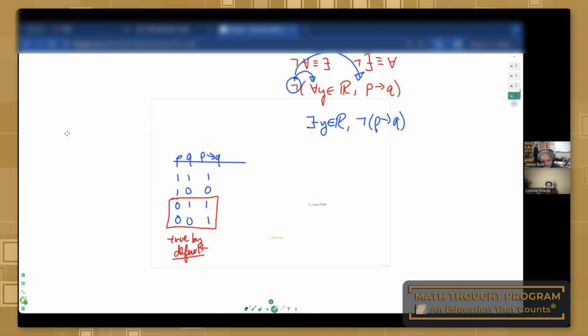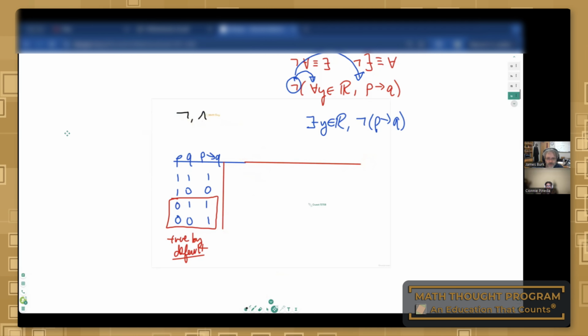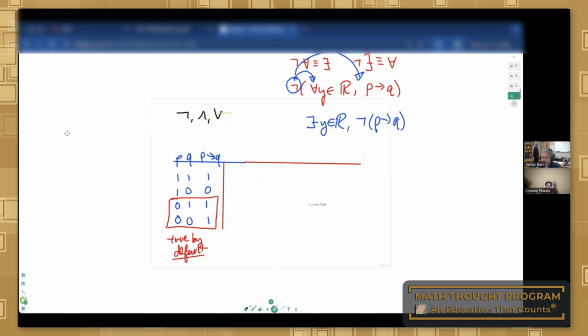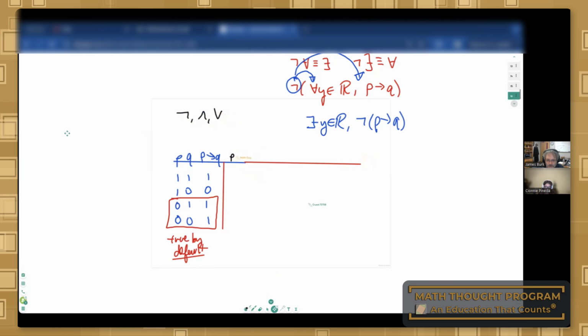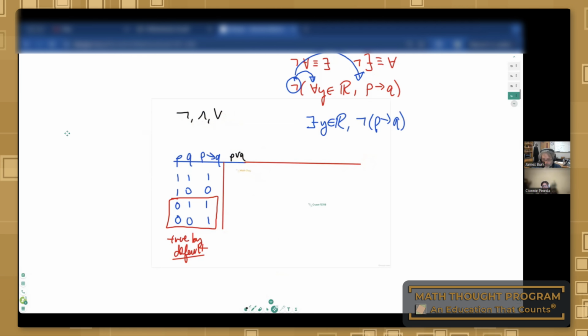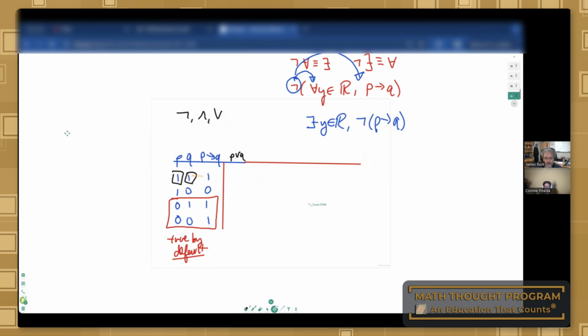Now, what I want to do is break this down for a moment. We said a second ago you can use negations, conjunctions, and disjunctions, and you can reconstruct any propositional statement. A conditional statement is one of those propositional statements. So let's say I have P or Q. You're going to have truth or truth.